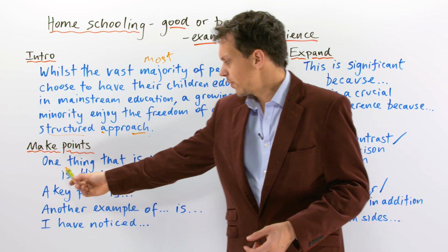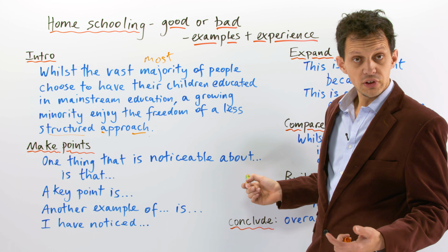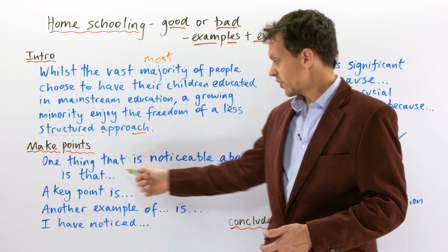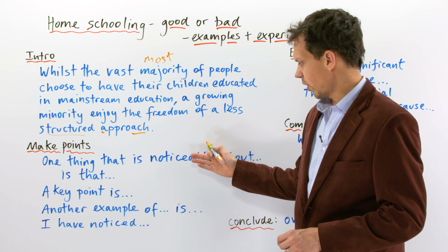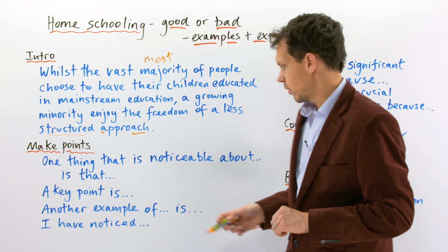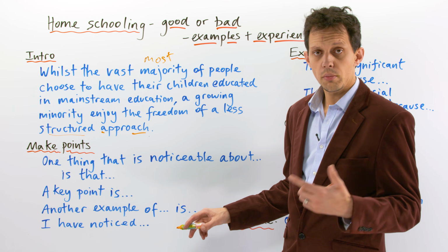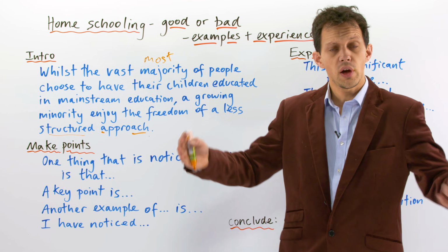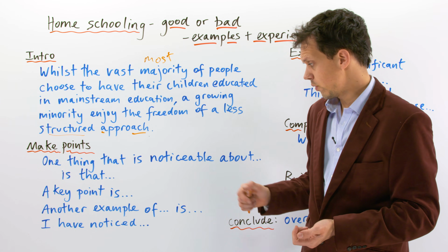First, one thing that is noticeable about home education, compared with students in normal schools, is that they have loads of homework, for example. One thing that is noticeable, so I can notice, it strikes me. A key point is that home educated children will probably do better if there are other home educated children nearby that they can do activities with.